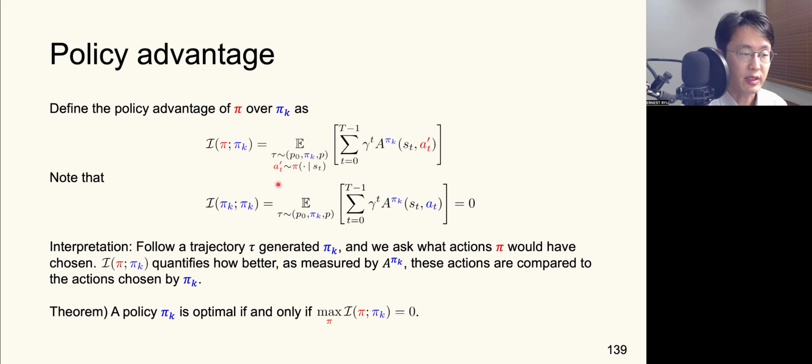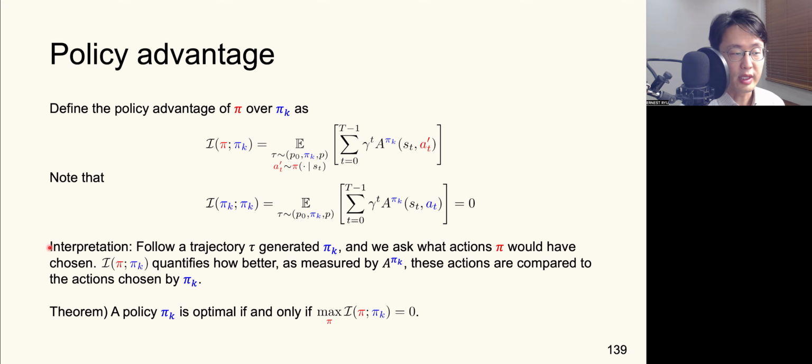And then we take this expectation where we follow a trajectory tau generated by policy pi k. But into the advantage function, we feed in the states S that are part of the trajectory tau. So the states S are generated in accordance with policy pi k, but the actions, which we write as A prime, are generated in accordance with policy pi. Let me give you an interpretation of this.